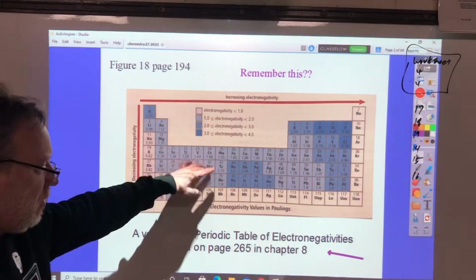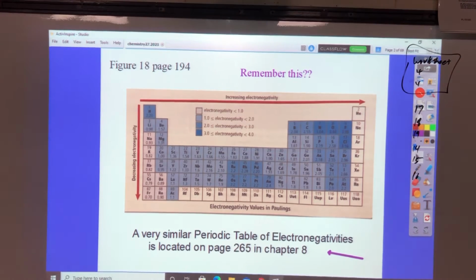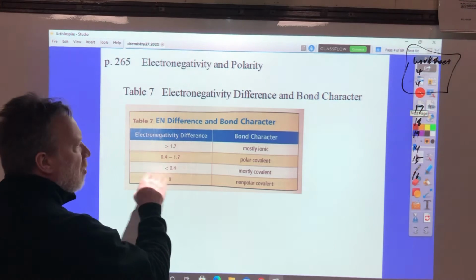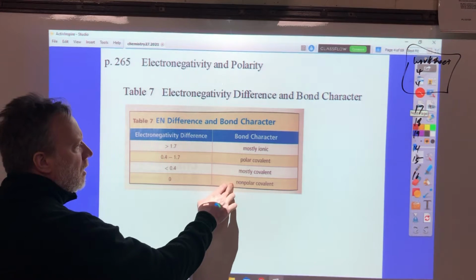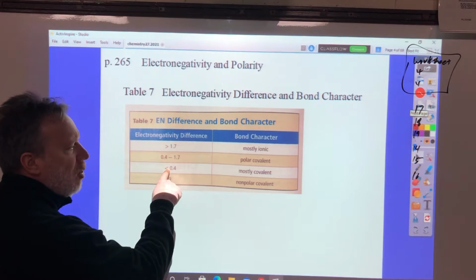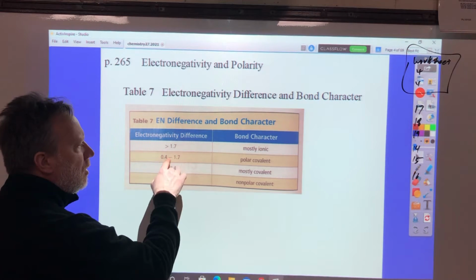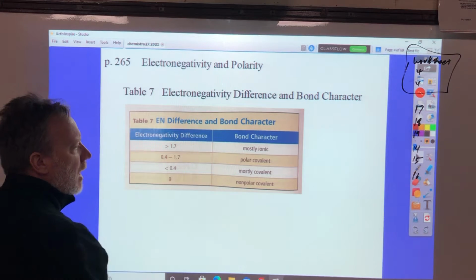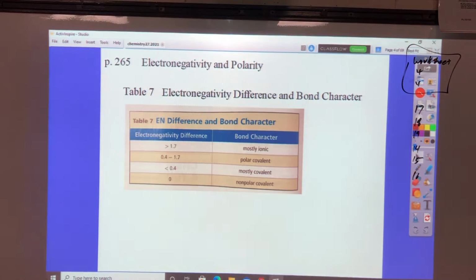Now, I usually know the basic ones: carbon, nitrogen, oxygen, hydrogen. So to look one up, that's where we'll refer. This tells you if the difference is less than 0.4, it's going to be pretty much nonpolar covalent. If it's going to be about 0.4 to, okay, I disagree with this table, because covalent means shared.